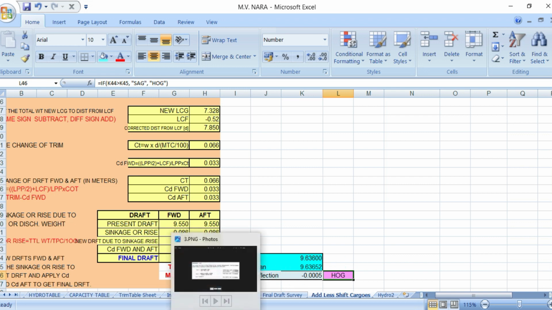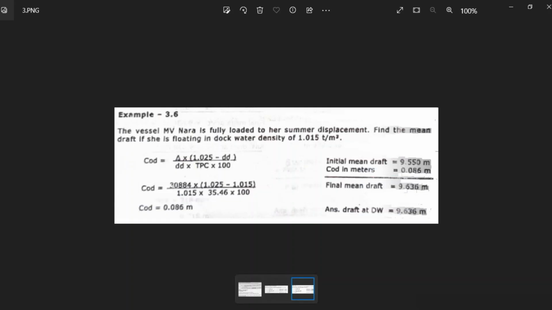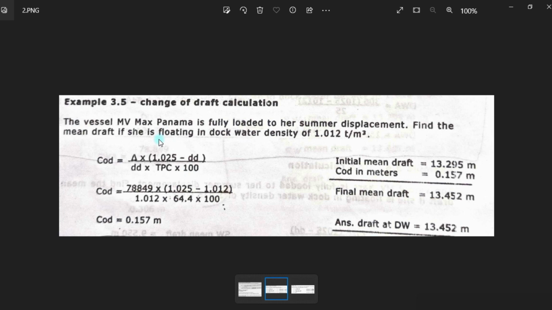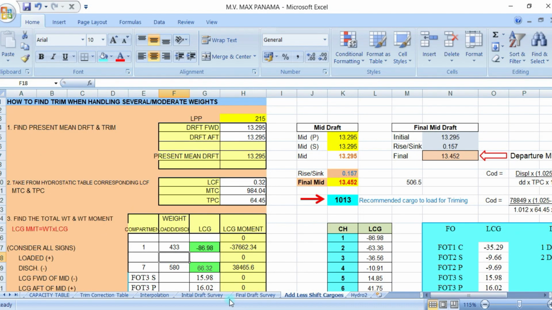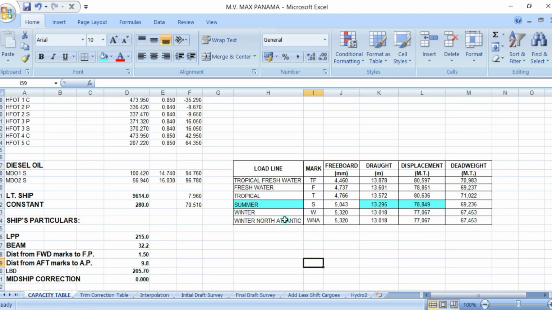So we try the second questionnaire. Now we try this MV Panamax, this summer displacement. What will be her draft when we hit a density of 1.012, which is already loaded on our summer displacement? So what is the summer draft of Panamax?